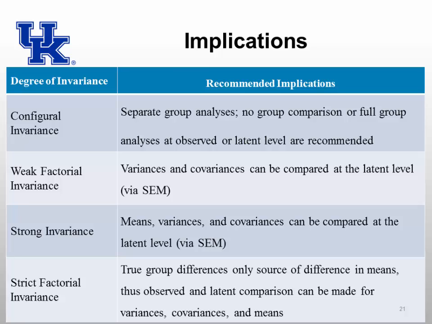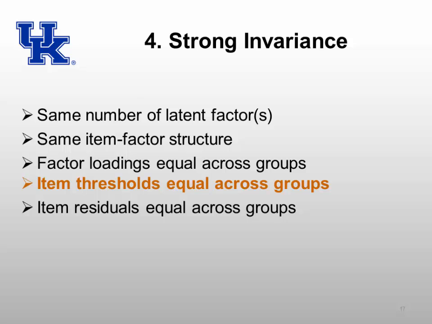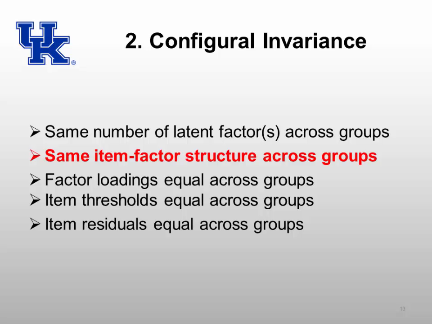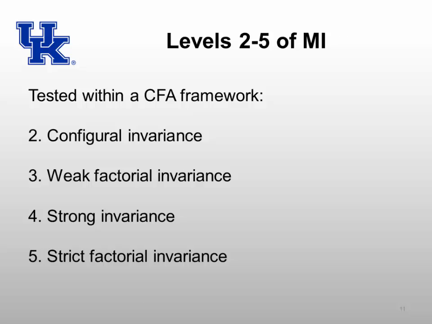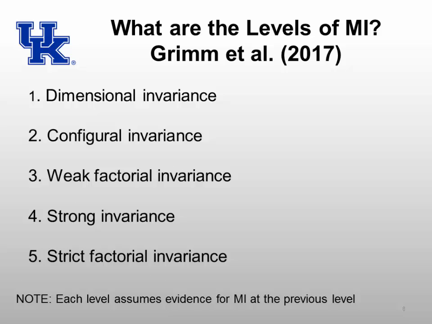Well, what we said originally is that what has happened previously in research is that a lot of folks only did dimensional invariance. That was typically what was done. There's more and more emphasis now on walking through the next 4 steps to look for evidence of configural, weak factorial, and so forth.